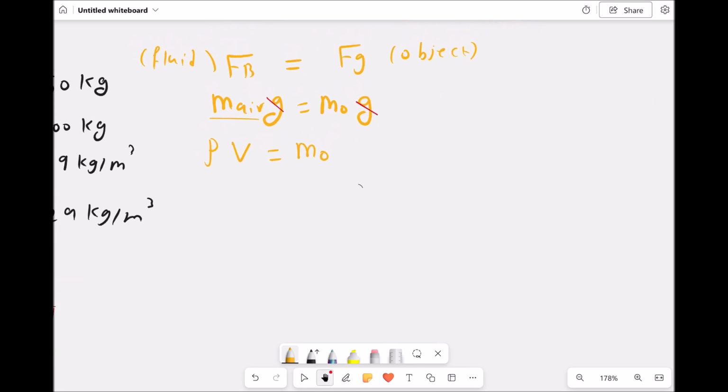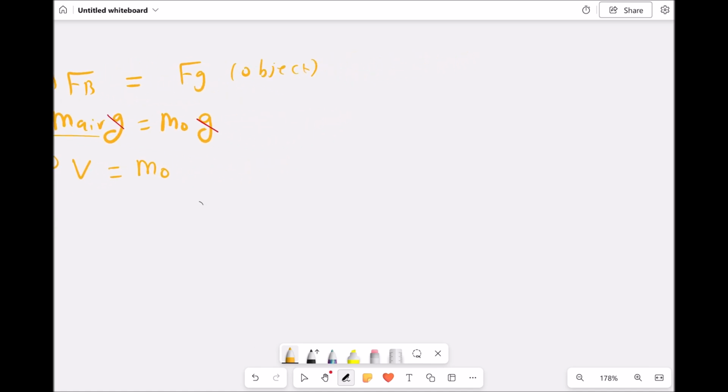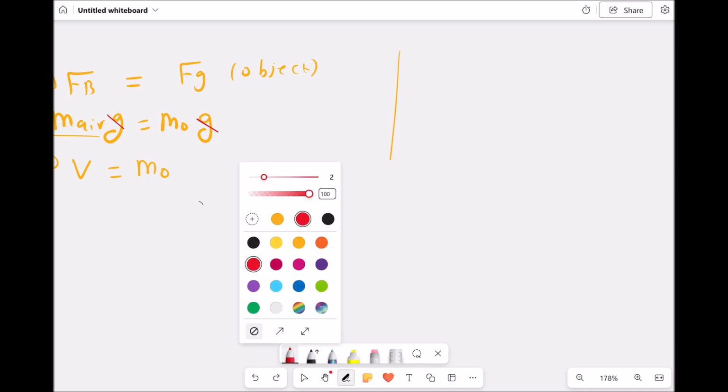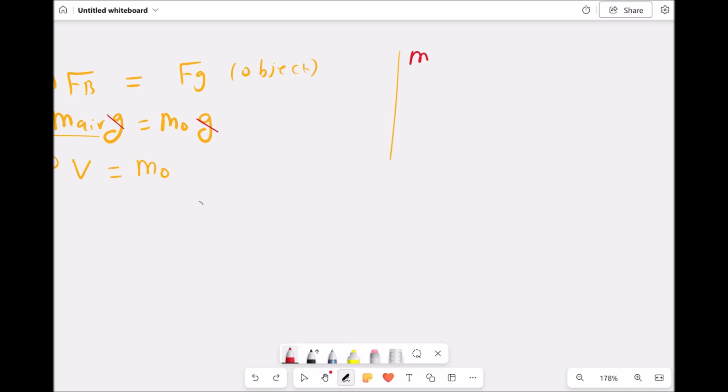Now guys, look at this m naught too. M naught is the mass of the object. Add all the masses that you have. You have the mass of the balloon, m_B, the mass of the load, and the mass of helium.